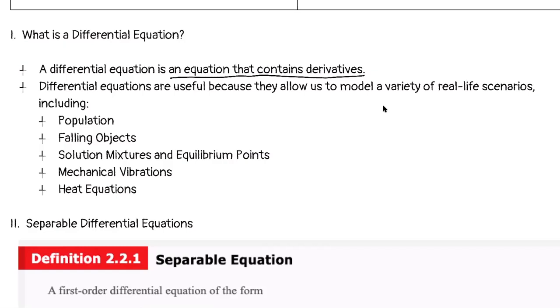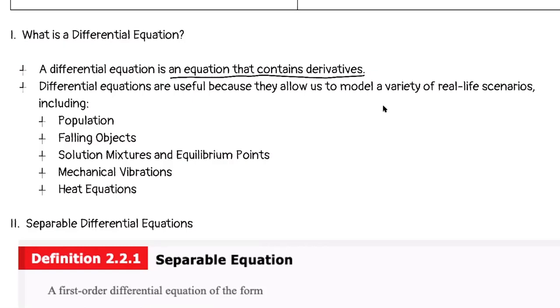There's a bunch of different kinds, but as long as it contains a derivative, it is considered a differential equation. Now, it might include first derivatives. It might include first and second derivatives. It might even include first, second, and third derivatives. So there's a lot of different types of differential equations out there.